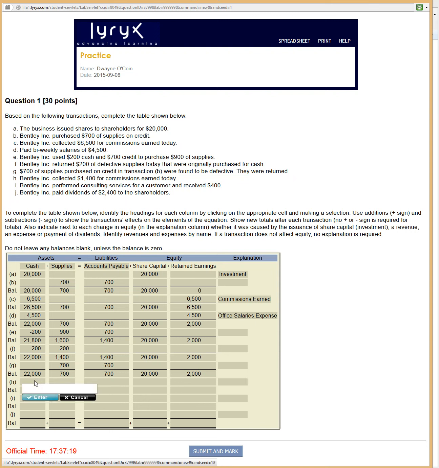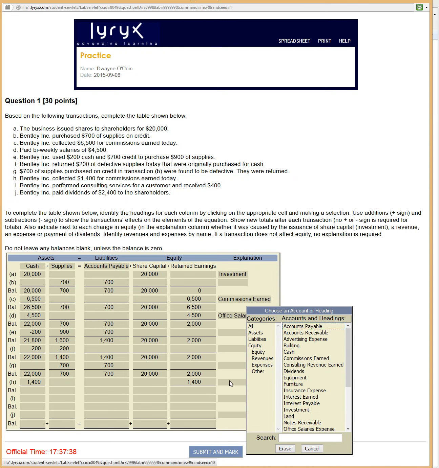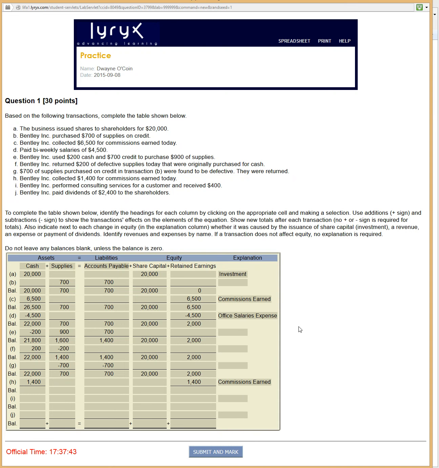H. Bentley Inc. collected 1,400 for commissions earned today. If they collected it, then it must have been collected in cash. And it goes into retained earnings, and it would be 1,400 to balance. And of course, we do have to explain what happened there. So that is revenue and commissions earned.